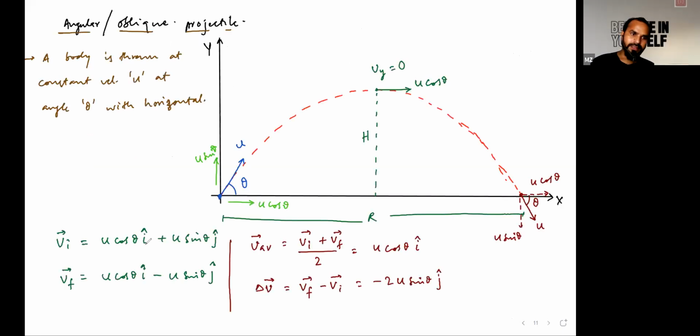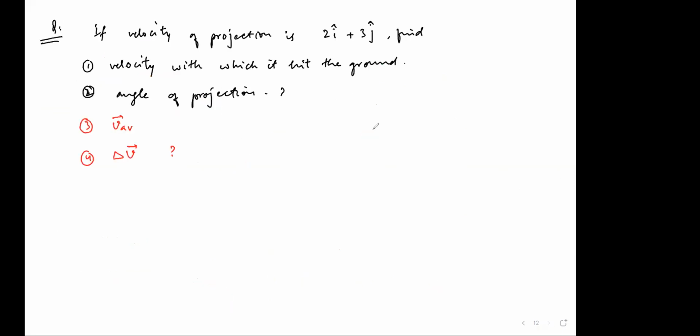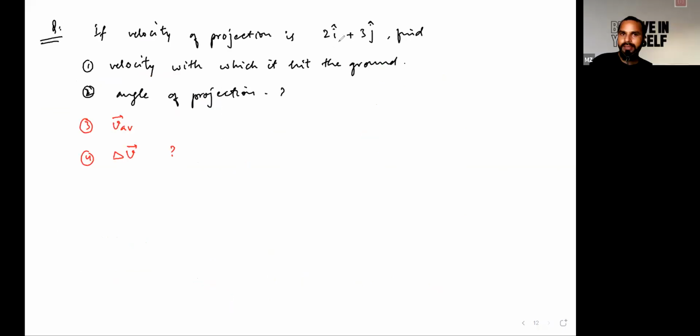Just see in this particular expression, if you have initial velocity as u cos theta i cap plus u sin theta j cap, in the final term, just reverse the direction of the j component. So here we have 2i plus 3j. So what will be its final velocity?